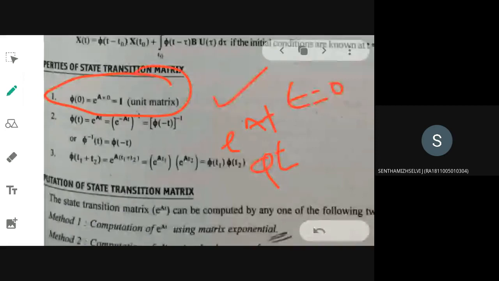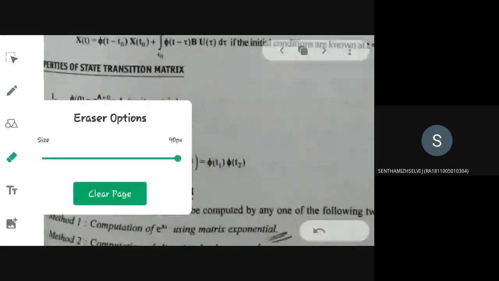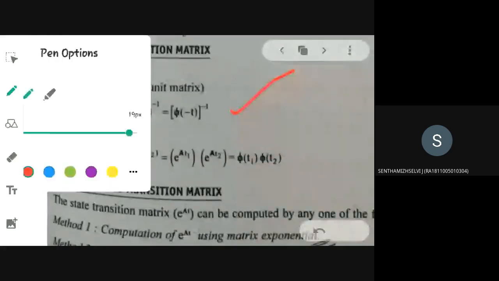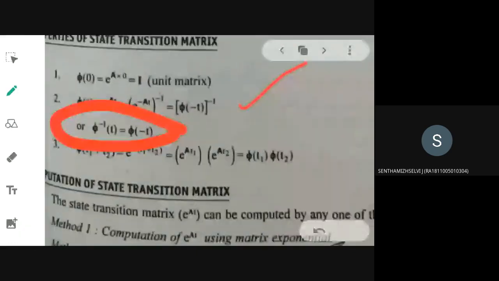The next thing is if you take the inverse of e power At, it will be e power minus At, and it will satisfy this relationship. That is the second property. And finally, if there are two system matrices given and you are asked to obtain the combined state transition matrix, then you can multiply the individual ones.